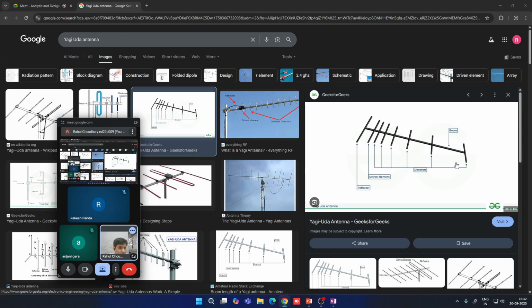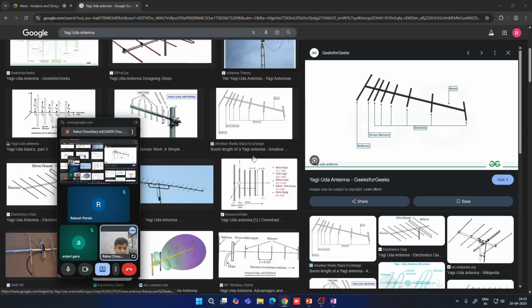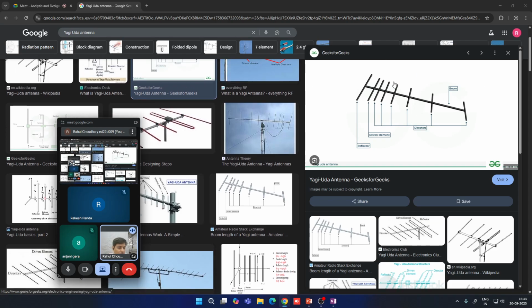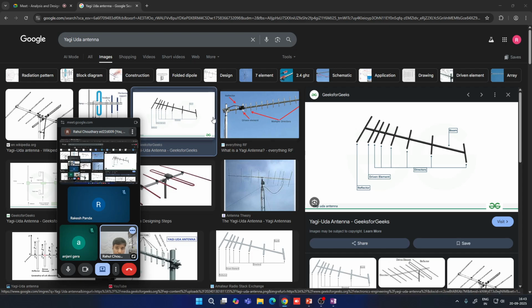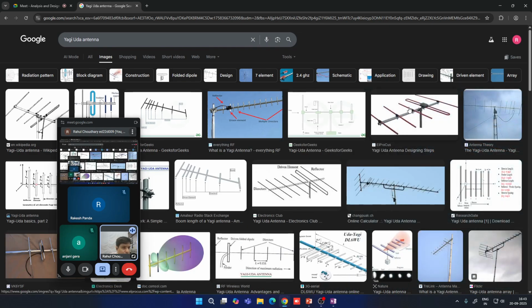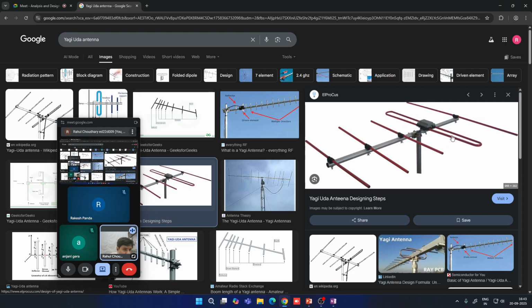That's why this was used earlier for single channel reception, but we can't have multiple channels, and then the quality won't be good. That is the reason now we have dish antennas. The operating frequency was also lower here. And in this one, the driven element is folded in order to match it with the transmission line.